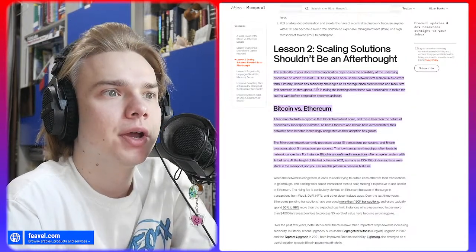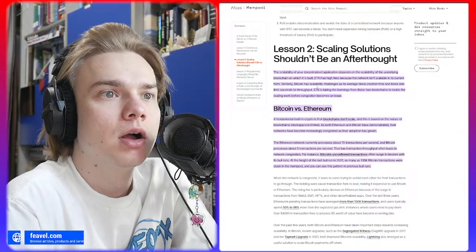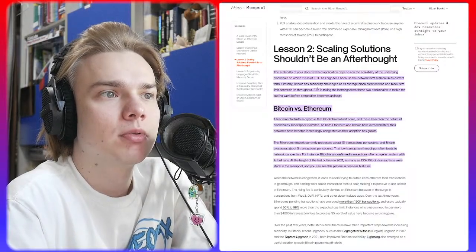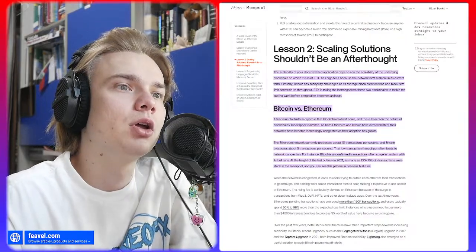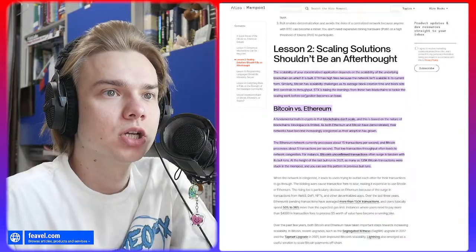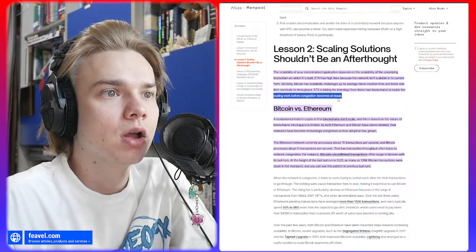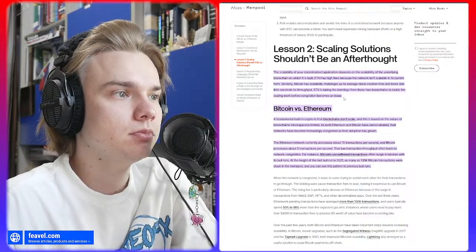Similarly, Bitcoin has scalability challenges as its average block creation time and block size limit constrain its throughput. STX is taking the learnings from these two blockchains to tackle the scaling work before congestion becomes an issue.